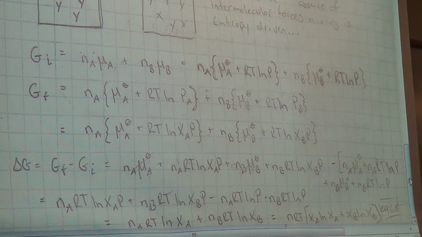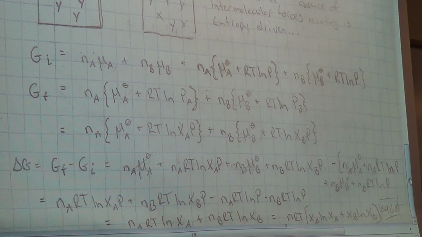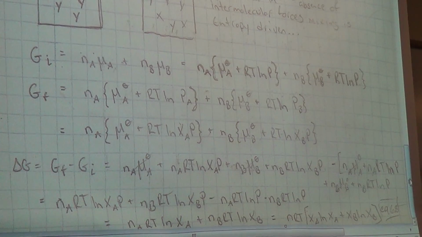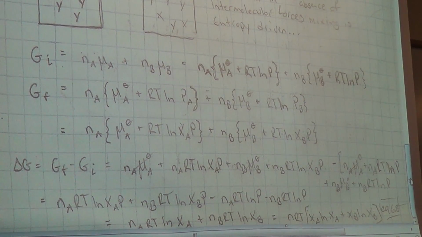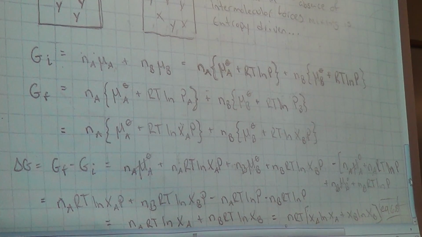Does this equation look familiar to you at all from any of the previous stuff that we've done? We didn't actually do a homework problem on this, but I think we might have done an example in class where we looked at the expansion of a gas when it moves from one volume to another volume, and we found out that the delta S for that transition was a function of the initial pressure and the final pressure.